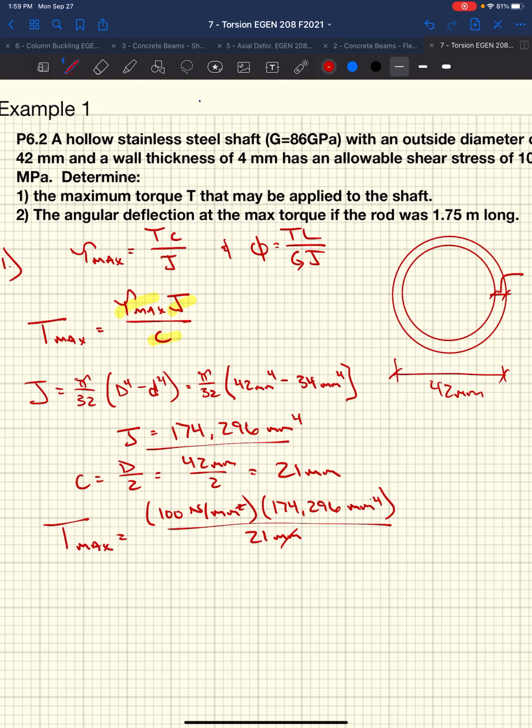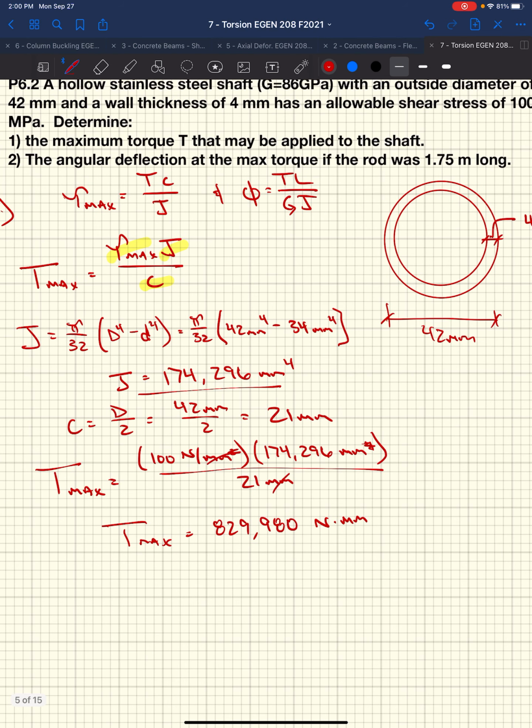So we get a max torque equal to 829,980 Newton millimeters. This is a torque or a moment. Or our max torque is 830 Newton meters.